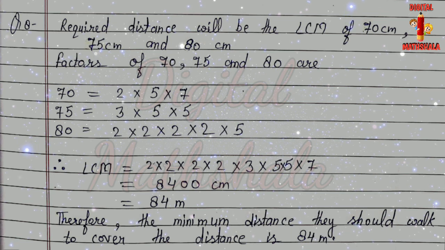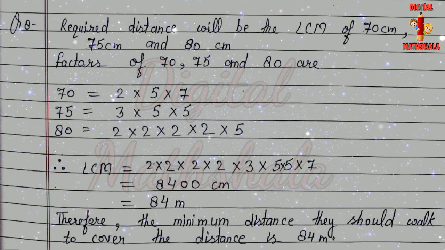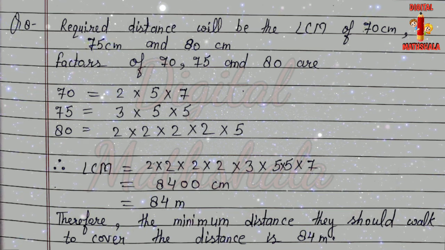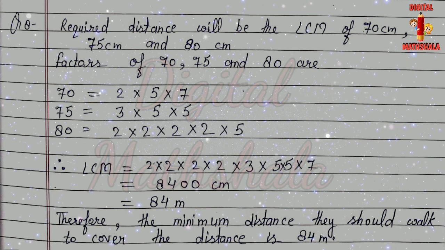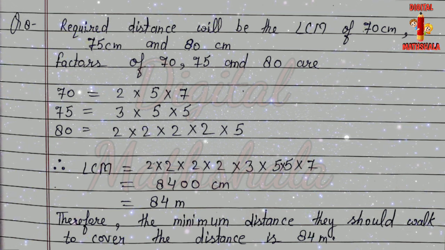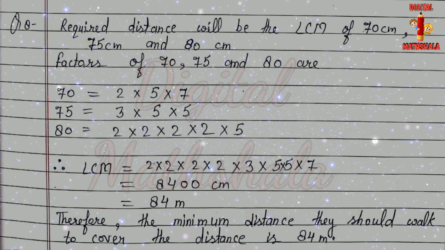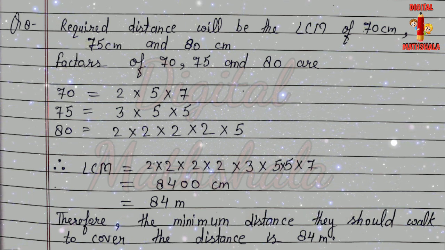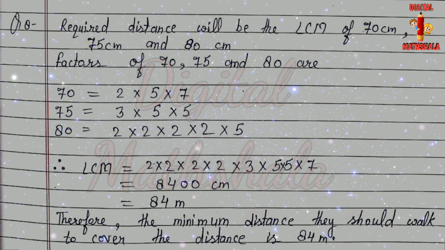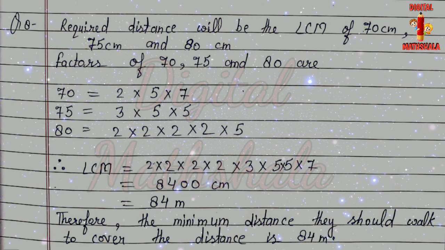So for the LCM we will take all the factors, the maximum number of times they appear in the factorization. So 2 appears maximum 4 times, so we will take 2 four times. 3 appears 1 time, so we will take 3 once. 5 appears 2 times maximum, so we will take 5 two times, and 7 appears 1 time, so we will take it once here.